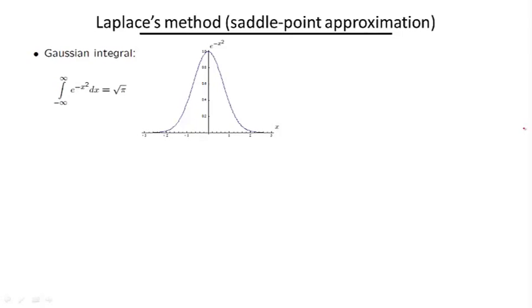Now, we have seen already the Gaussian integral, which is an integral of e to the power minus x squared between minus infinity and plus infinity, and we know the result is equal to the square root of pi. This integral is the area enclosed by this curve, which is nothing but the plot of this Gaussian function, e to the minus x squared, as a function of x.